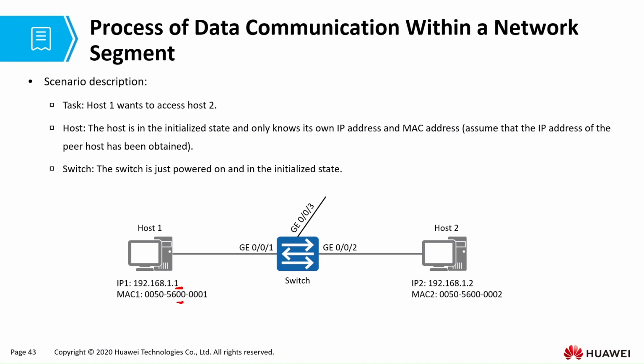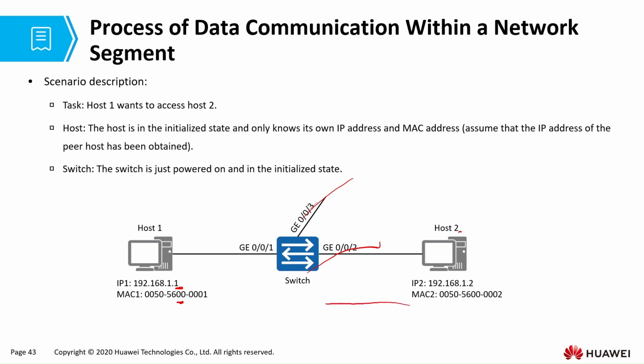But how do you reach host 2? For example, the first time I don't have any entry. So recall back on week 1, we learned about ARP to match your IP address to the MAC address. We are going to flood: hey, which host is holding this IP address? Broadcast.